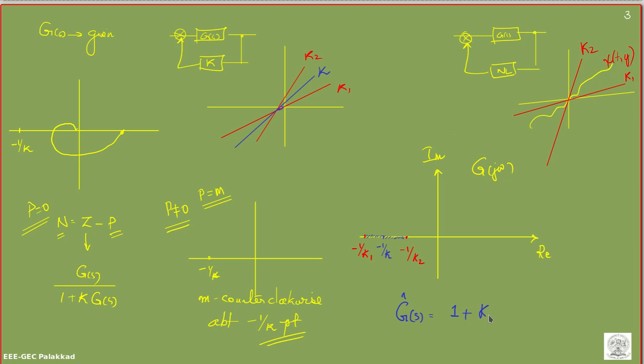That means 1 plus K2 into G(S) divided by 1 plus K1 into G(S) should be strictly positive real. We will try to translate this to the graphical representation, and we will get something of this form. That means the curve should not encircle some region, so that the whole system is asymptotically stable. We will come to that here.